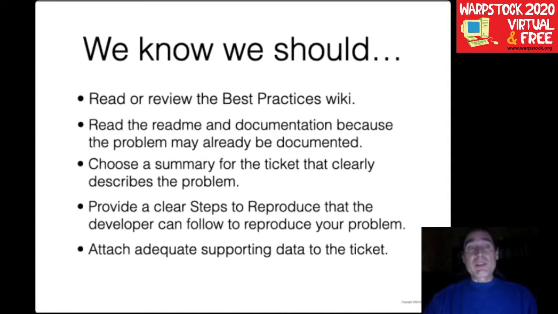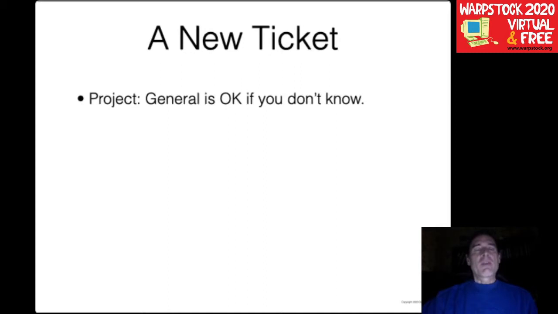But for this presentation, let's assume that you've already done everything you need to do, you've read the documentation, and you've decided that you need to open a ticket. When you open a ticket, there's a few preliminary fields that you need to fill out before you get to the main ticket. So let's go over them and give you some idea of how to do that. The first thing you need to choose is the project for your ticket.